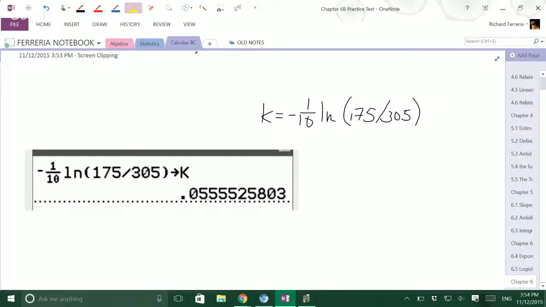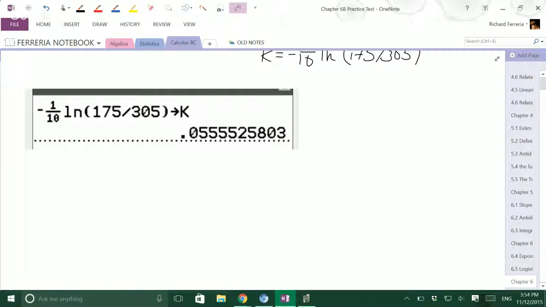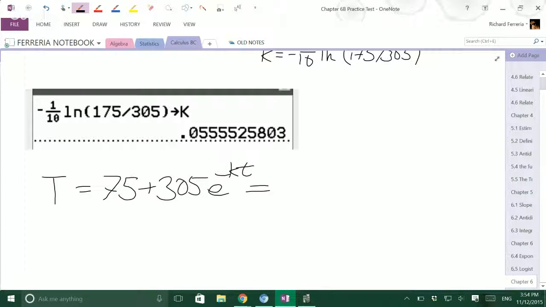Okay, so we want to know, when is the temperature going to be 75 degrees? 90 degrees? So when is the temperature, which by the way equals 75 plus 305 e to the negative kt, when is that going to be equal to 90?